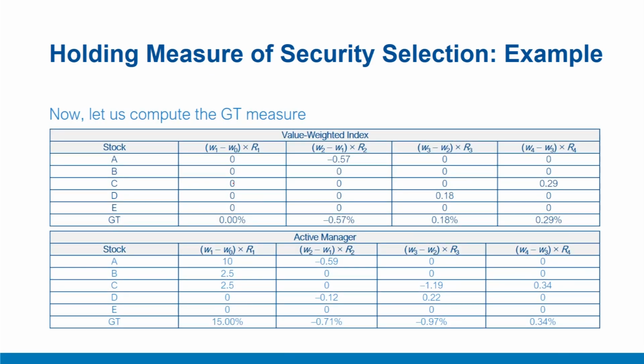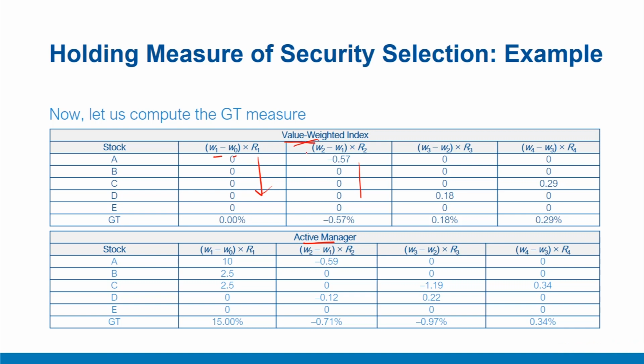Now let us compute the GT measure for the value weighted index portfolio and the active fund manager portfolio. The formula is W1 minus W0 into R1 for period 1, W2 minus W1 into R2 for period 2, and so on. Here we are taking the difference between the weights.